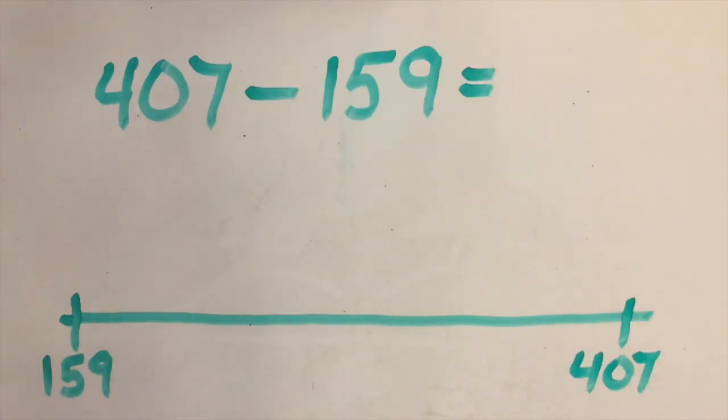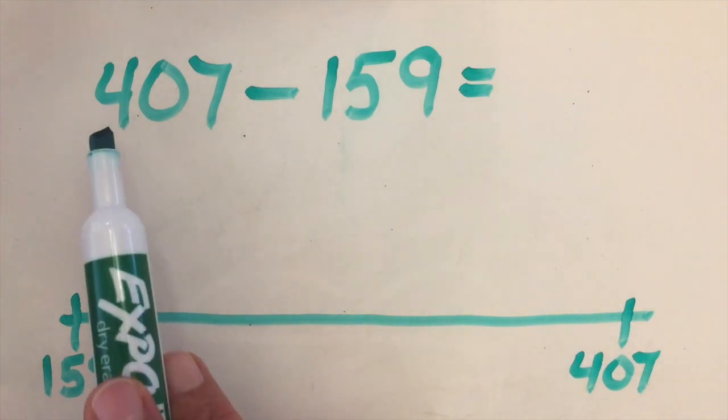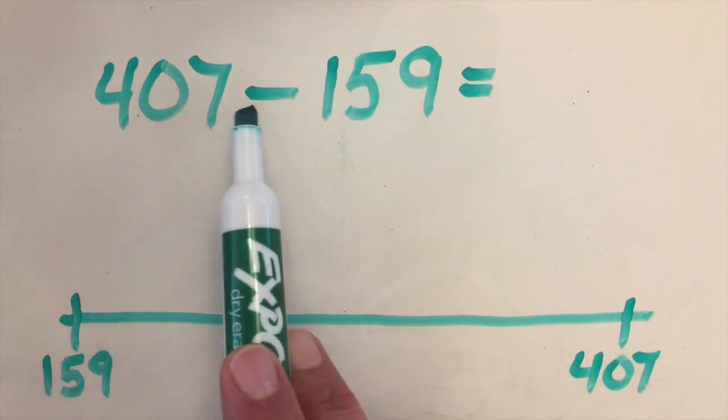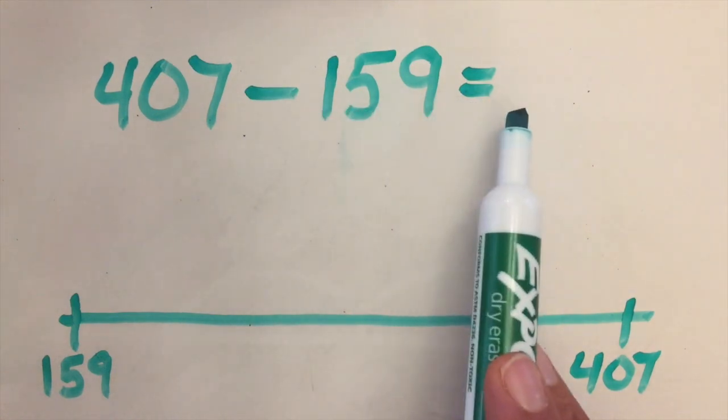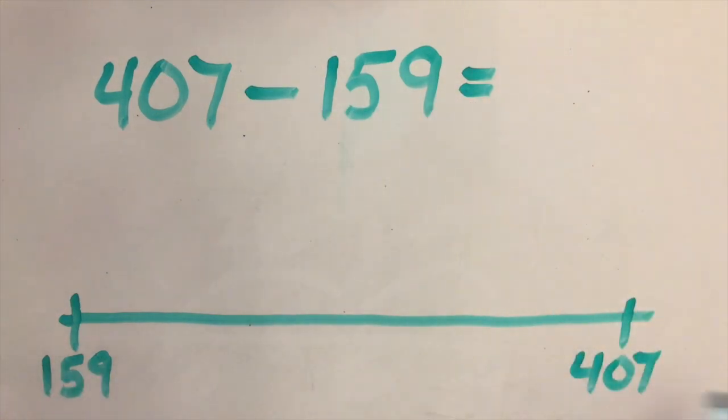Here is an example of a three-digit subtraction problem. So our problem is 407 take away 159. I've already set up our number line. The small number, 159, is on our left-hand side, and the number that we're counting to from 159 is 407.